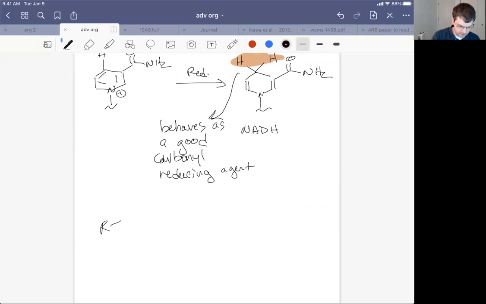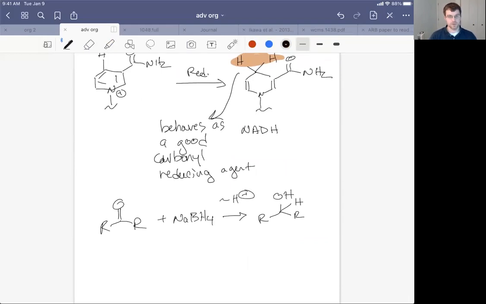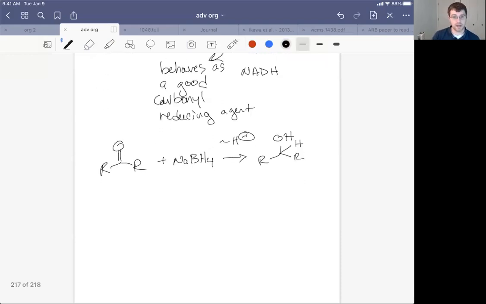Before, we'd take a ketone and add sodium borohydride to it, and we'd get an alcohol, where the H is added to the carbonyl, and we follow up with H plus in the workup to help neutralize. That's a reaction we talked about in organic 2. We did a lab on it. It was fun. Here we're going to do the exact same thing, except biology can't handle sodium borohydride. Instead, it uses NAD and NAD plus.